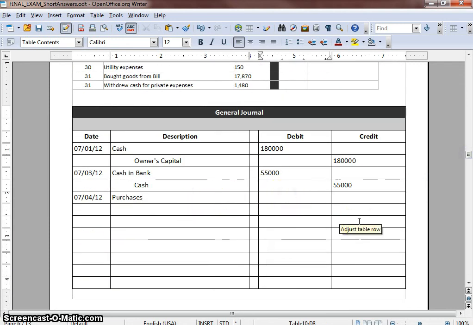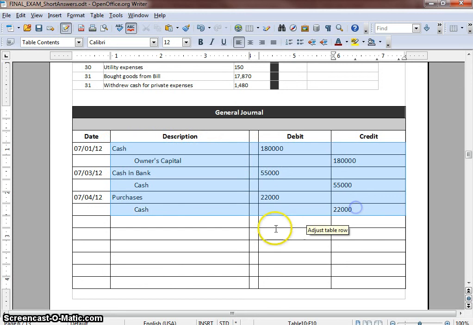So if I purchase goods, it's going to increase. So I'm going to debit, because it's an asset. And then I purchased it with cash, so my cash is going to decrease 22,000.